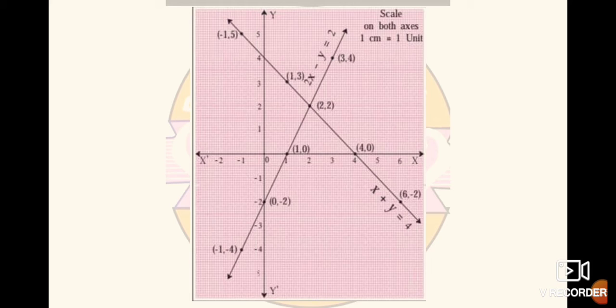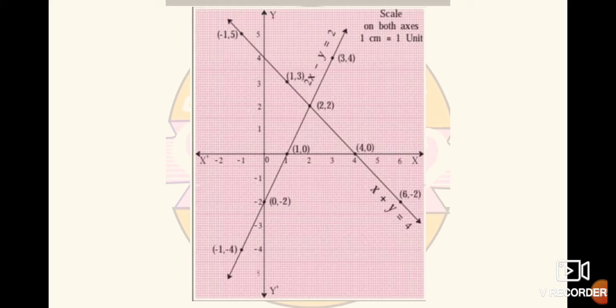Now see, at the center there is a 0 that you have to write. On the x-axis, to the left-hand side of 0 you have to write negative numbers, that is -1, -2, -3, and so on, and to the right-hand side of 0 you have to mark positive numbers on the x-axis, that are 1, 2, 3, 4, 5, 6 accordingly.